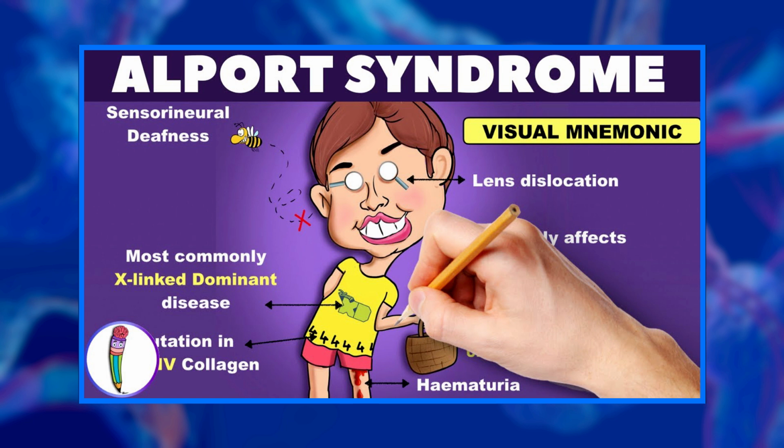Alport syndrome is an X-linked disorder that has a heterogeneous presentation. The pathology involves the basement membrane and chiefly affects the basement membrane of the kidney in addition to the eyes and cochlea. There appears to be a mutation in the type 4 collagen gene.